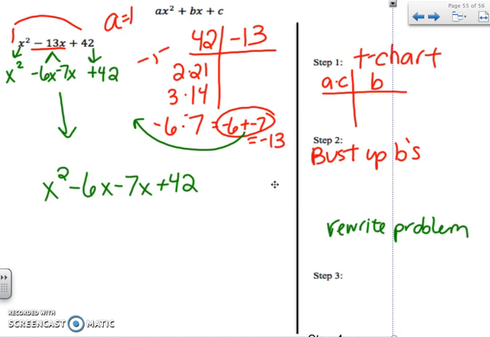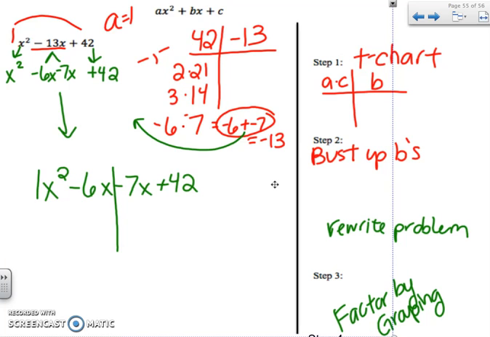Again, step 4 is to factor by grouping. So once you've got 4 terms, you can start to factor by grouping. So again, there's a 1 here. 1 and 6 don't have anything in common except a 1. And then I can take out 1x as always.